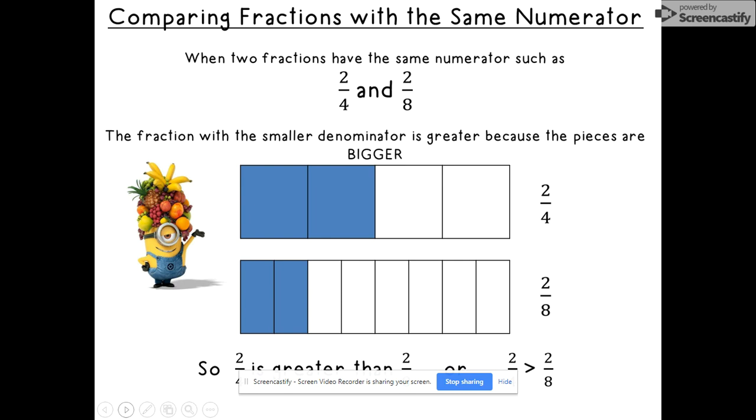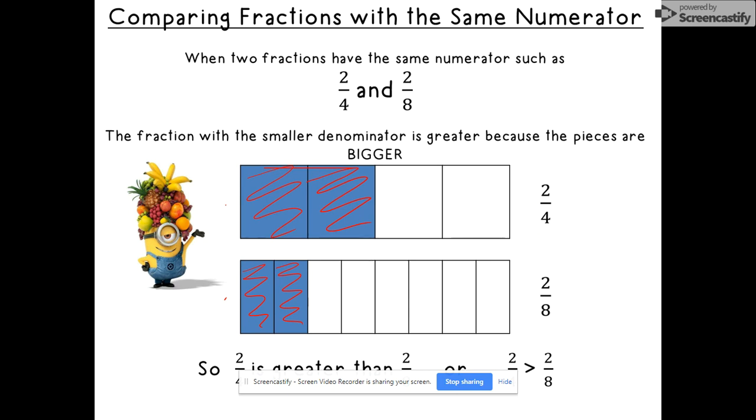And with those visuals down here below, these rectangles, it helps me see that if I'm sharing with 4 people, I'm going to get a much bigger chunk than if I have to share with 8 people. Because the more people that you share with, the smaller your slices are going to be. So in this example, 2/4 is greater than 2/8 because I'm having to share with less people.